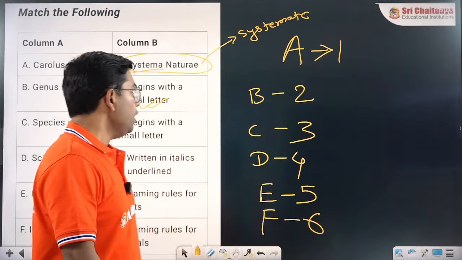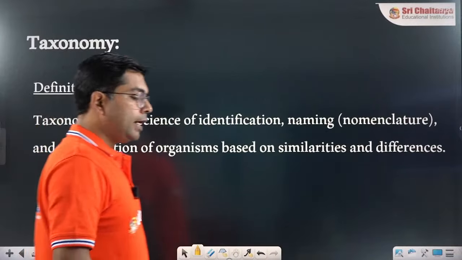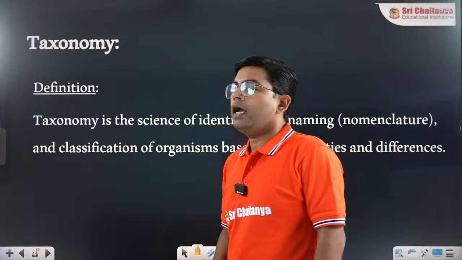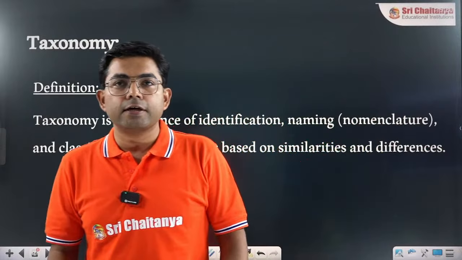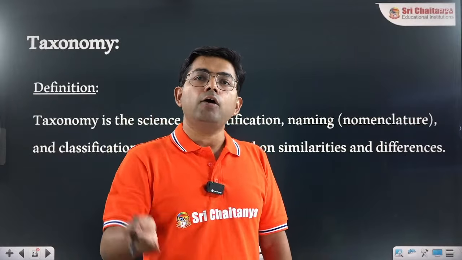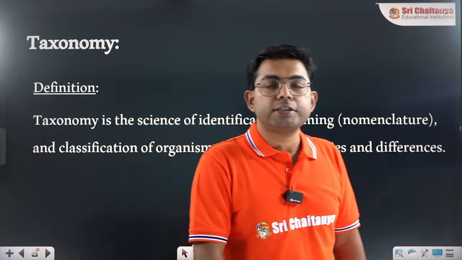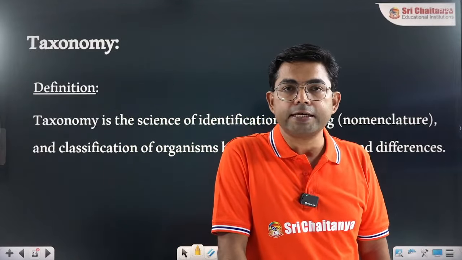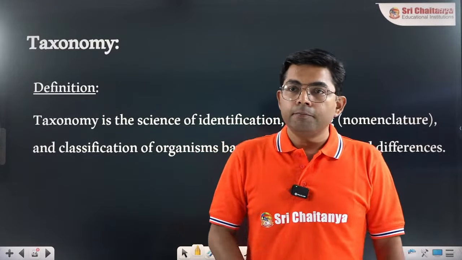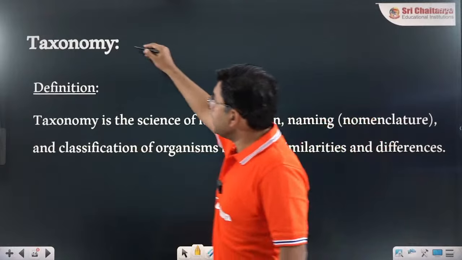Now, if we move ahead, the next part is taxonomy. We have simply seen how living organisms were discovered, then how their nomenclature was done, then how binomial nomenclature was drafted by Carolus Linnaeus. Now further, it was studied, and then we will see taxonomy.